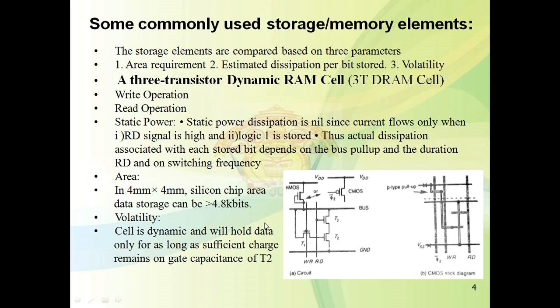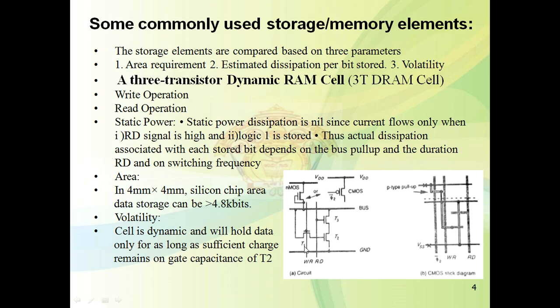Now we will discuss how to write the memory and how to read the memory. In case of write operation, we have to store the data onto the capacitance. This is the bus line, and whatever data is here will be stored onto the gate capacitance of T2.